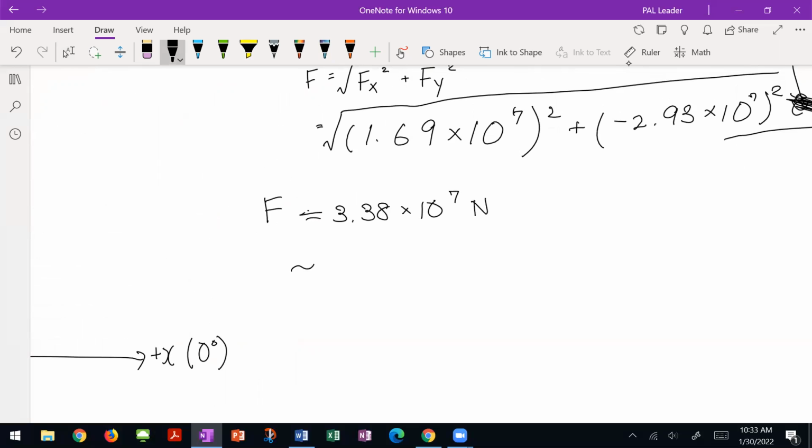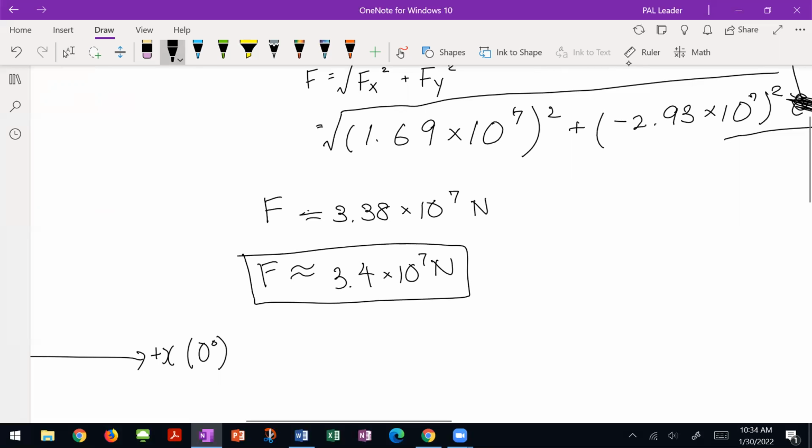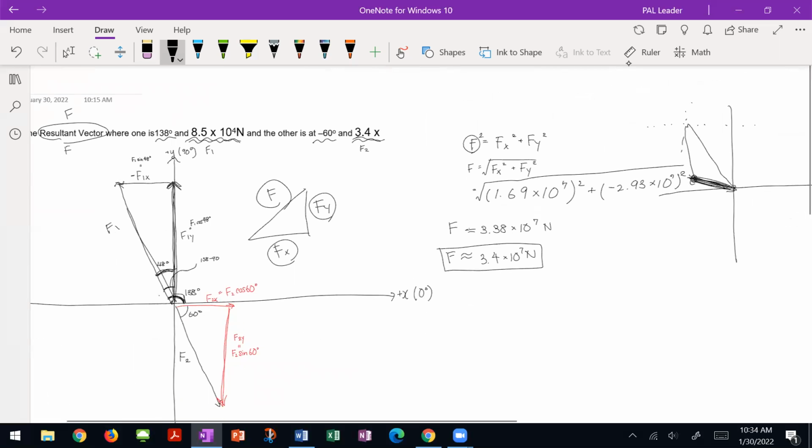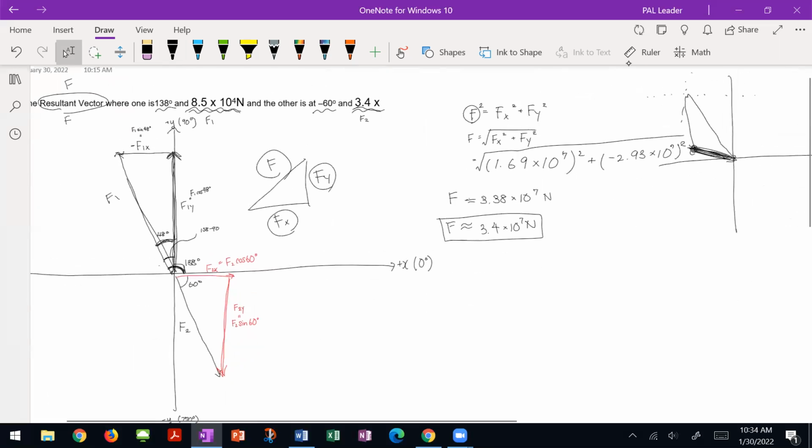And the answer that our teacher gave us said, actually, I don't know what it said. Did it say 3.4? Maybe. I'm just going to say it's 3.4 times 10 to the power of 7 newtons. That is our final resultant force. And should we look for the angle? Okay, let's look for the angle.